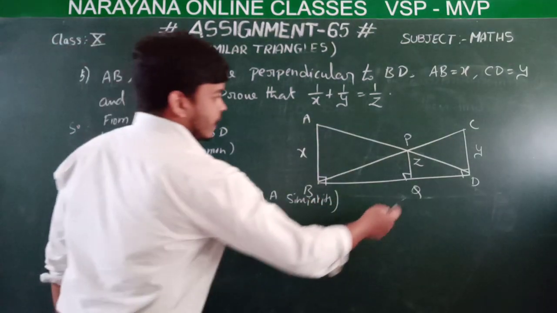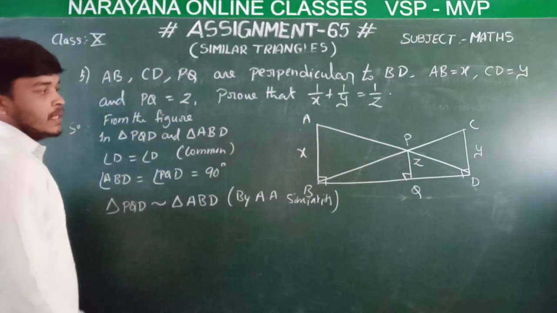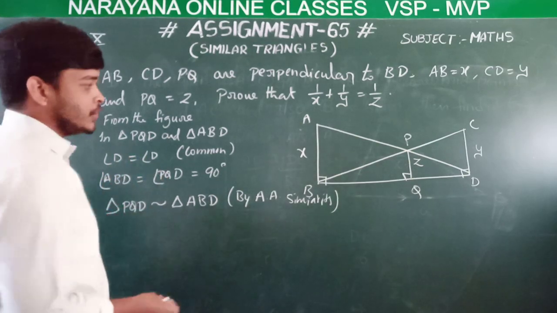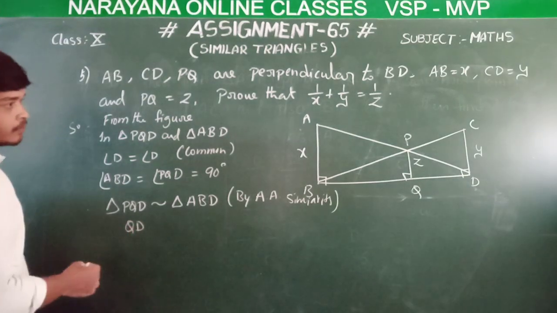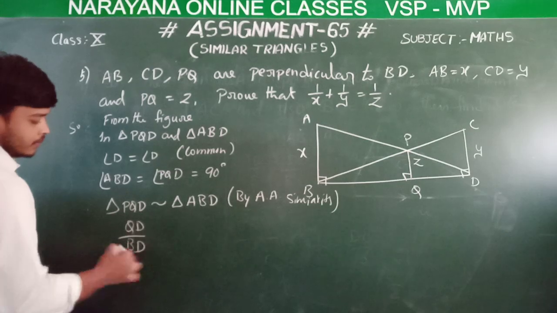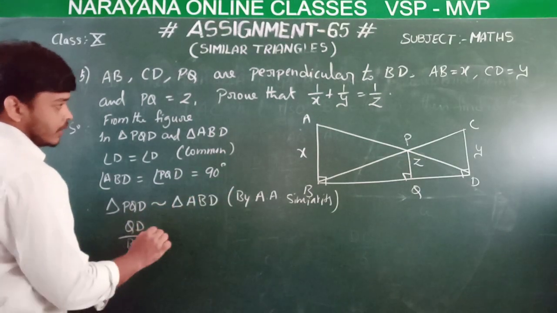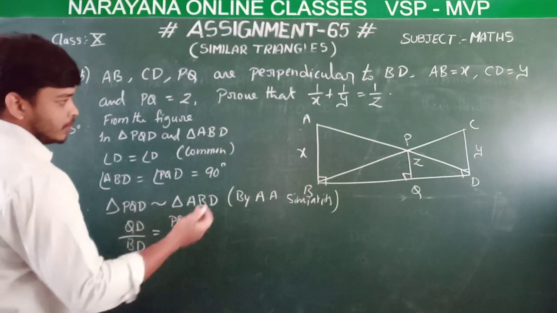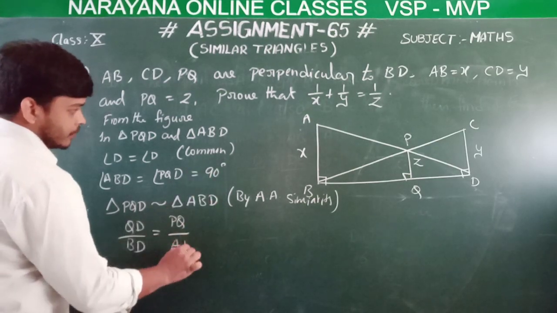Right. So if triangle PQD and triangle ABD are similar, their corresponding sides are in proportion. It means QD by BD is equal to PQ by AB.